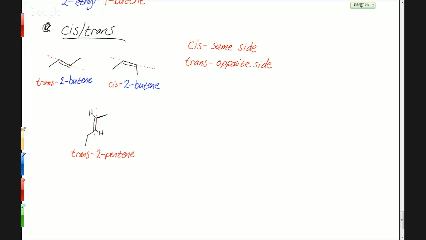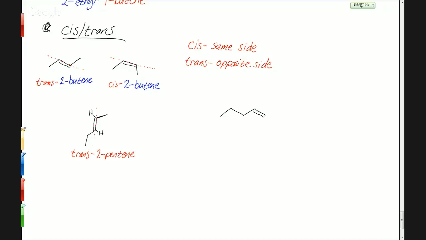So that's all that means, is when you have a double bond, you have to look and see if the hydrogens are on the same side of the double bond or the opposite side of the double bond, and then you call it cis or trans. Now, there are plenty of double bonds that don't have this. Take this one, for example, 1-pentene. 1-pentene can't be cis or trans because there's no things on opposite sides or on the same sides.